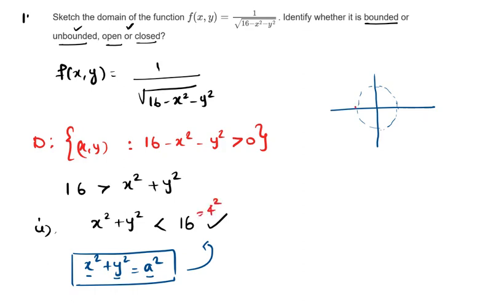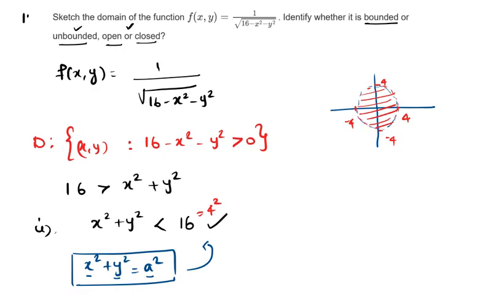So here it will be minus 4, plus 4, and here it is minus 4, and here it will be plus 4. Since it is less than 16, we will include only the points which are inside. We will not take the exterior points, right?